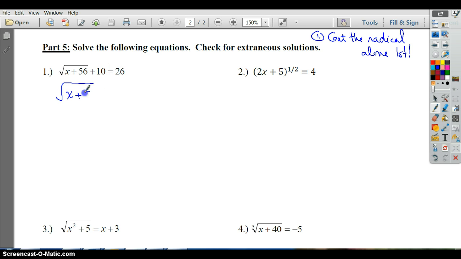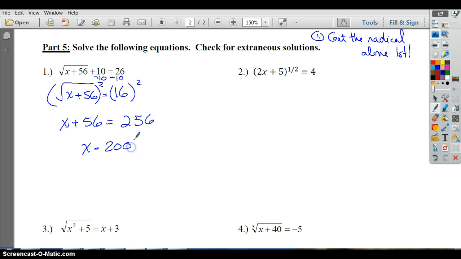Subtract 10 from both sides, so I get the square root of x plus 56 equals 16. To get rid of a radical or square root, use square. The left side is always the simplest, you can just rewrite it. 16 times 16 should be 256. I'm going to subtract 56, and I'm going to get 200 for my x value.